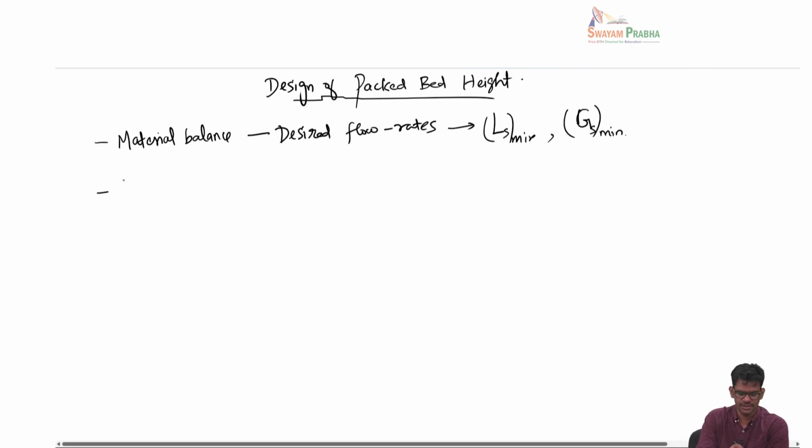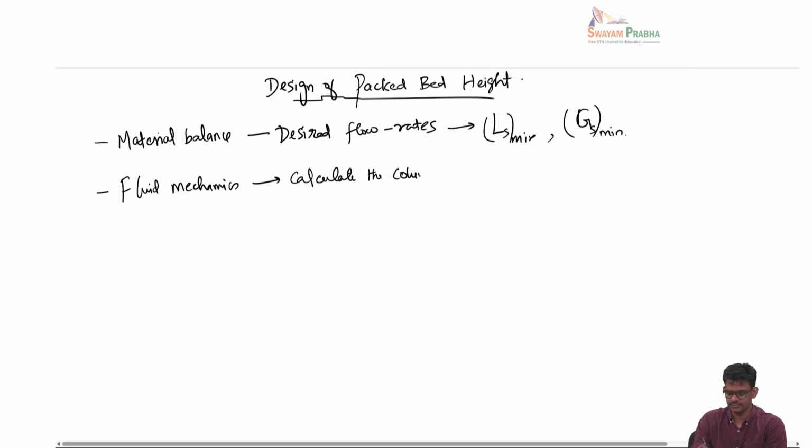Second is we used fluid mechanics principles in order to calculate the column diameter. So we looked at a lot of issues regarding column diameter calculations. So we want to ensure that the column operates below flooding line, so that the operation is stable.